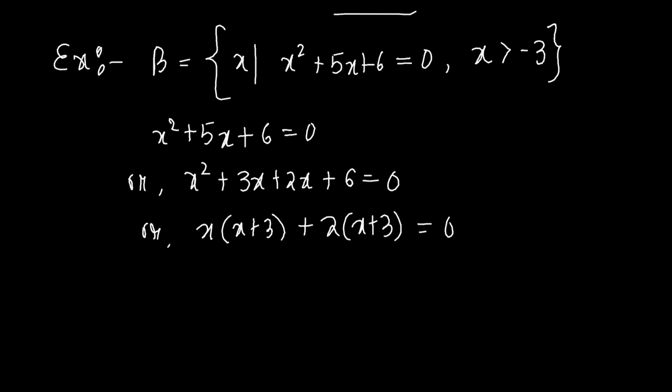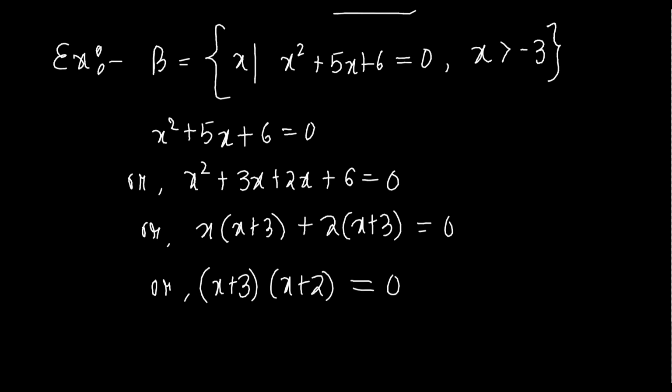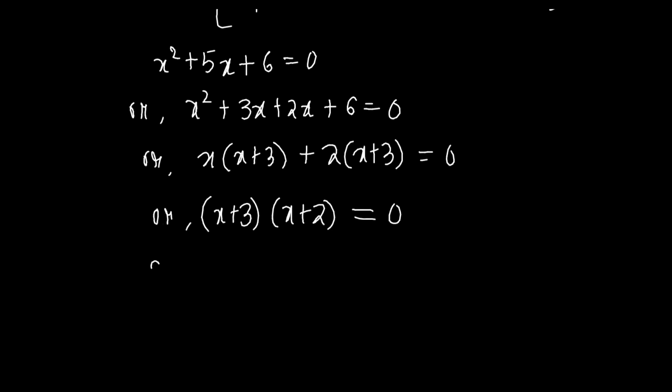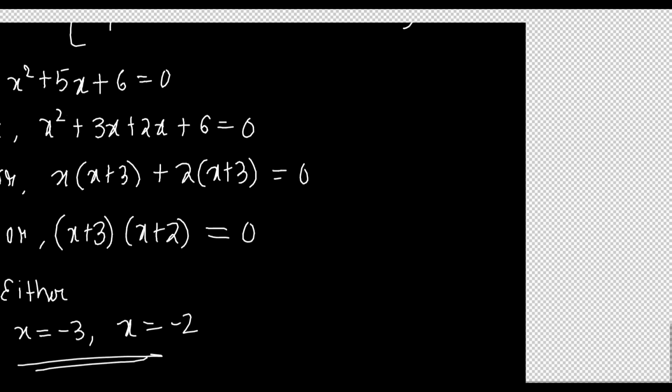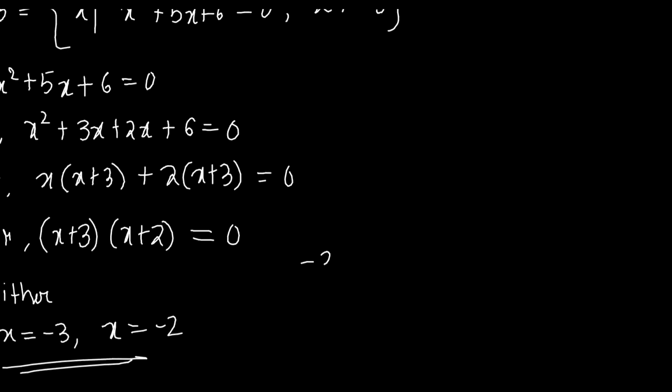That is, you can write (x plus 3) into (x plus 2) equal to 0. So what values of x do we get? It is either x equal to -3 or x equal to -2. So the values of x that satisfy this equation are -3 and -2.